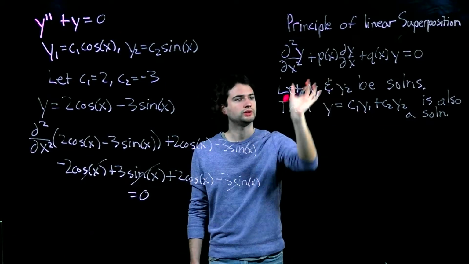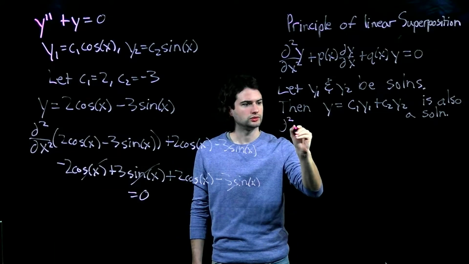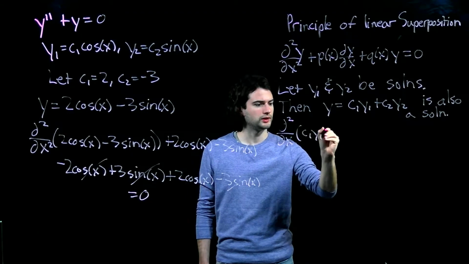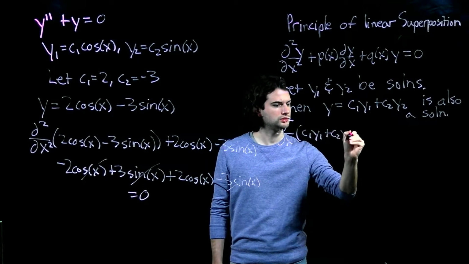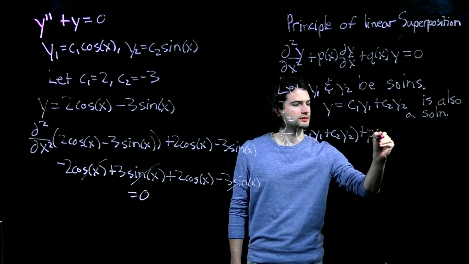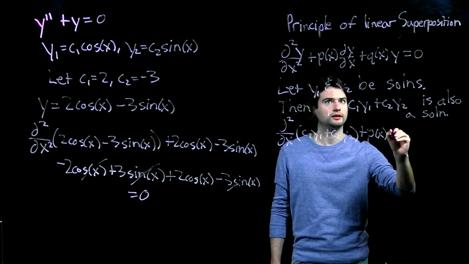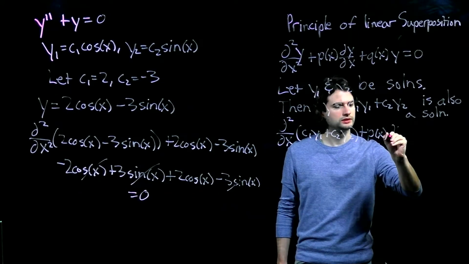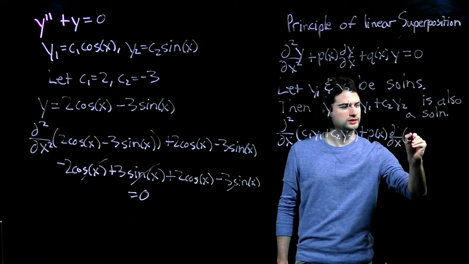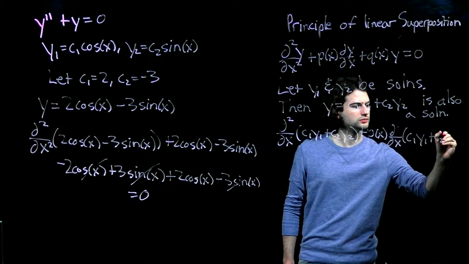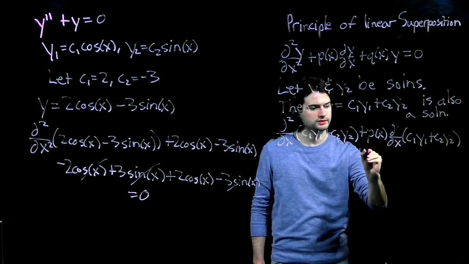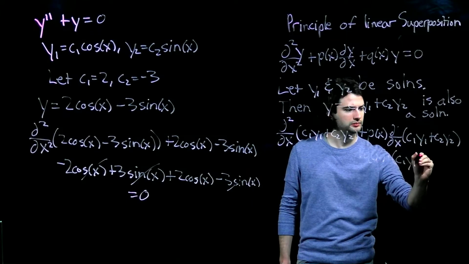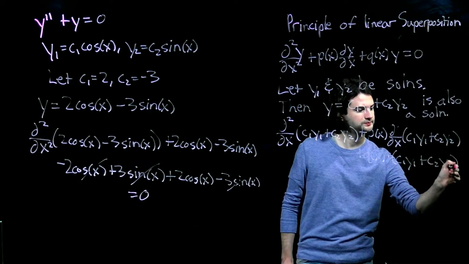Plugging this in to here, we get d2 dx2 of c1 y1 plus c2 y2 plus p of x times our derivative dx of c1 y1 plus c2 y2 plus q of x times c1 y1 plus c2 y2.